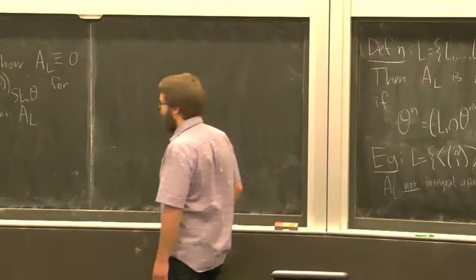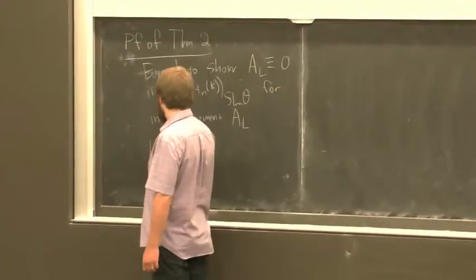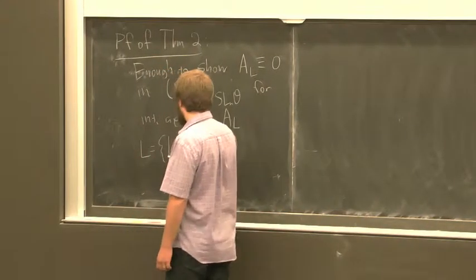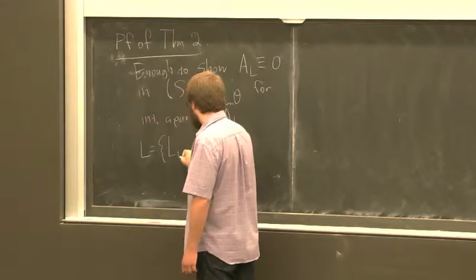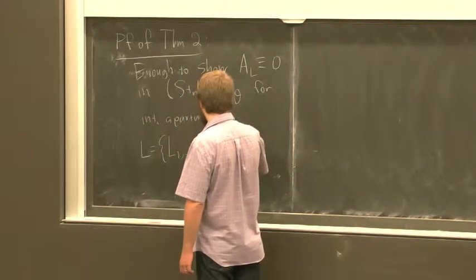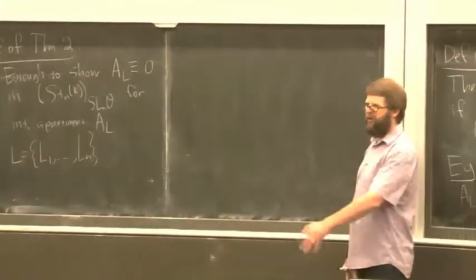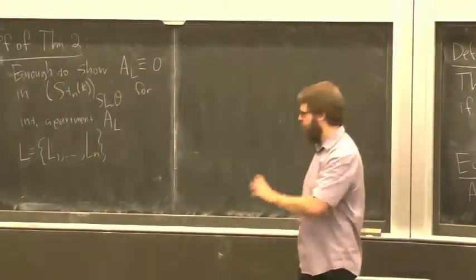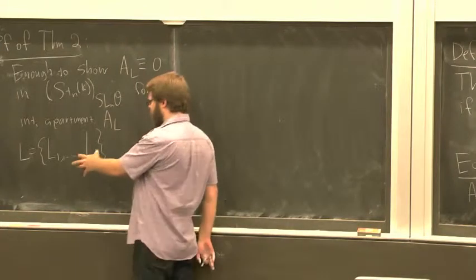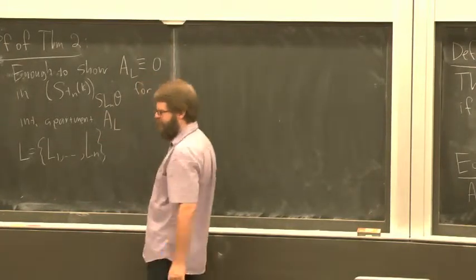Why is that? Well, let's write L as the set of lines L_1 up through L_n, and it's ordered. But the order isn't the important thing, the orientation is. If you permute these L_i, all you're doing is changing the orientation of the apartment.